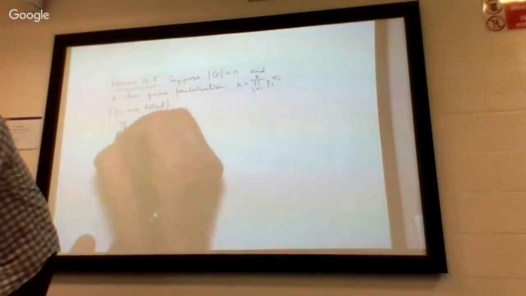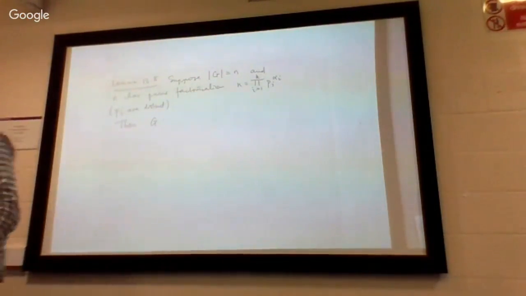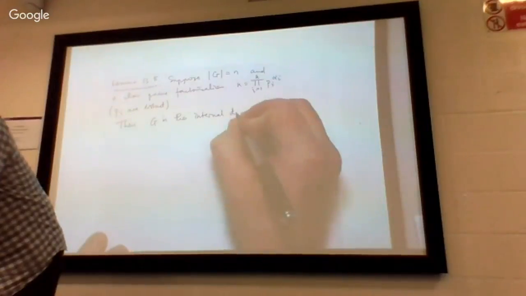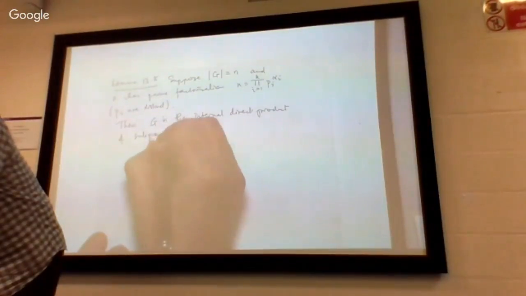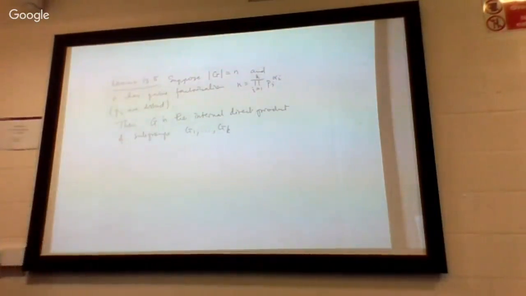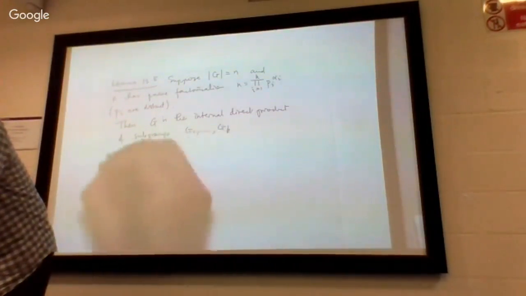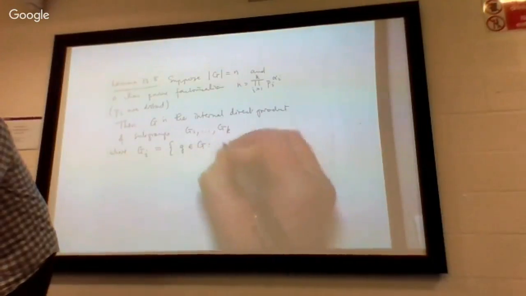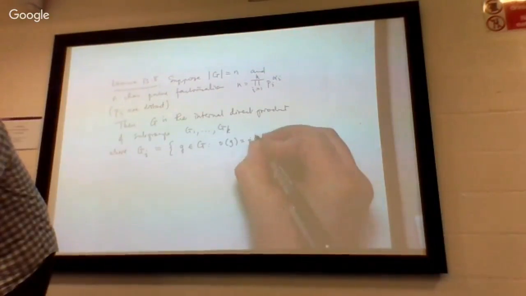Then the conclusion is G is the internal direct product of subgroups G1 to Gk, where G_i, by definition, is the set of all elements g from capital G such that the order of g is equal to p_i to the beta for some beta.